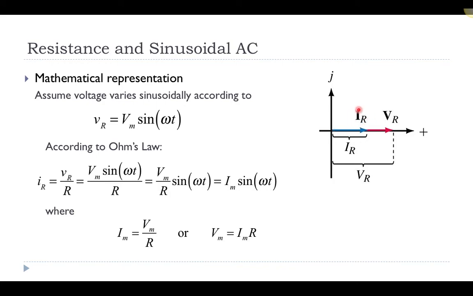These are the phasor notations, and these are the amplitudes. Basically, Ohm's law is still satisfied if you have just a single resistor in a circuit with a sinusoidal varying supply. Ohm's law is going to be valid throughout all of AC circuits, even if you have inductors and capacitors, and eventually we will talk about that.